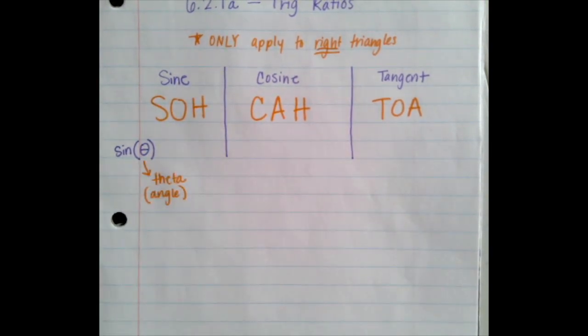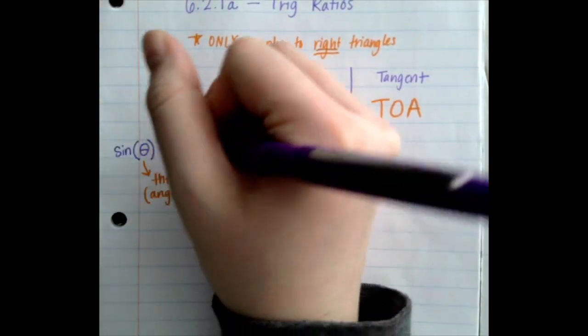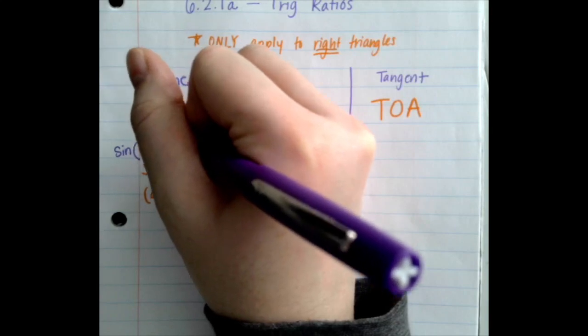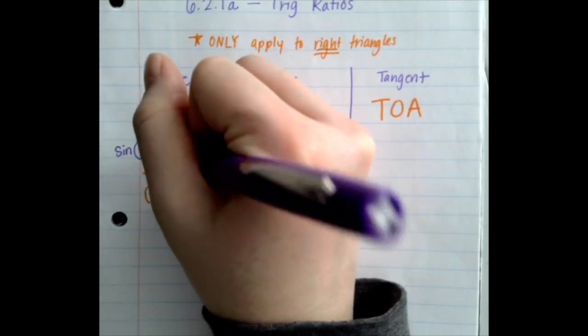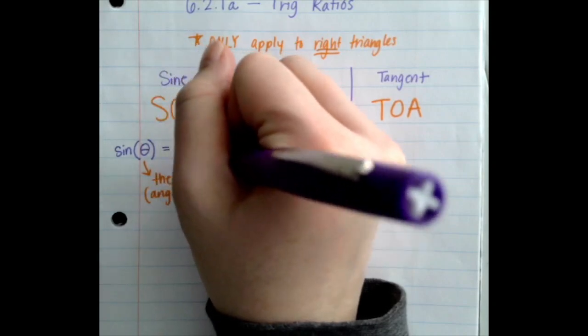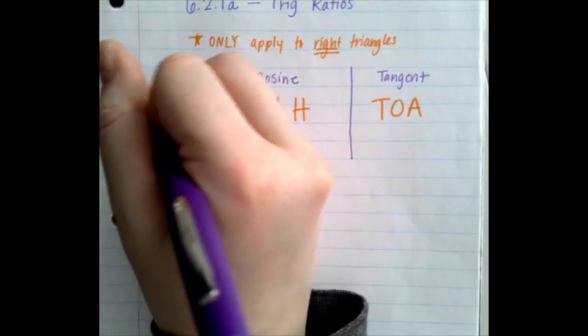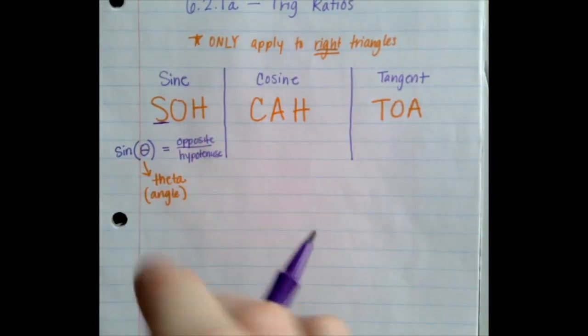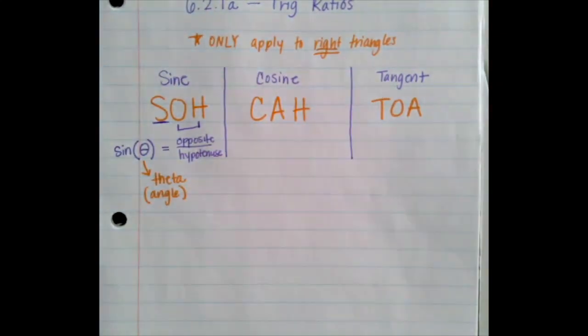It's called theta. And so the sine of theta is equal to the angle's opposite side over the hypotenuse. And so the letter S gives you the sine, and the letters O and H give you opposite over hypotenuse.